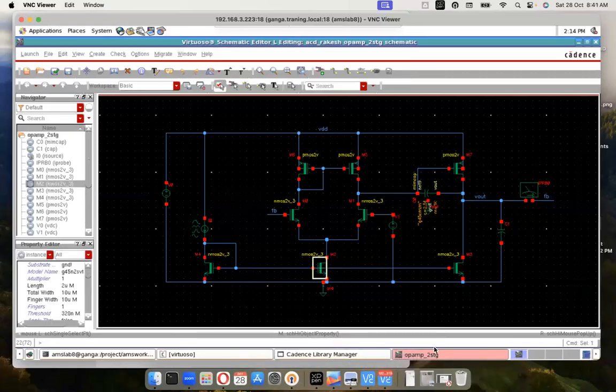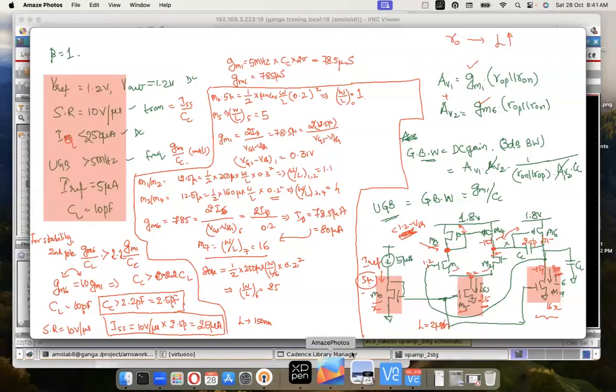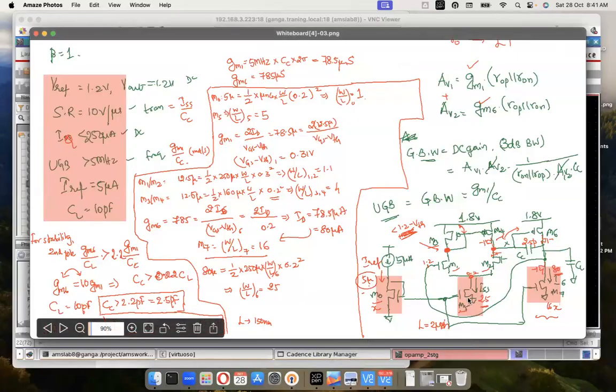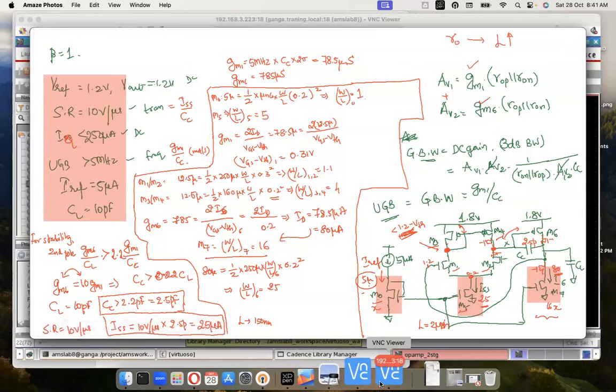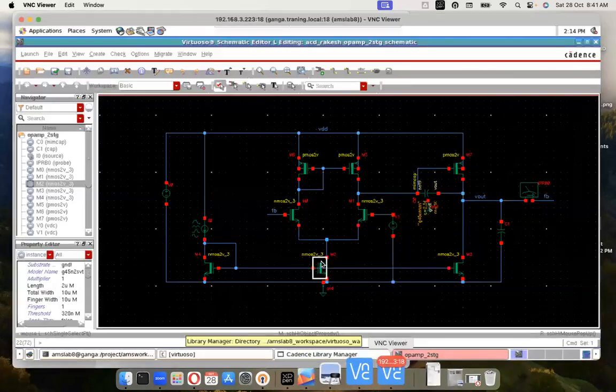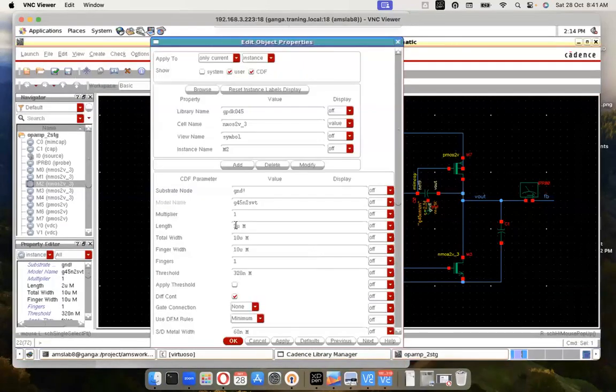So here for this, what should be the thing? It's 25. If M0 is 1, M5 is what? M5 is 5 times, right? M5 is W by L is 5. So length is 1 micro. This is 5 micro.